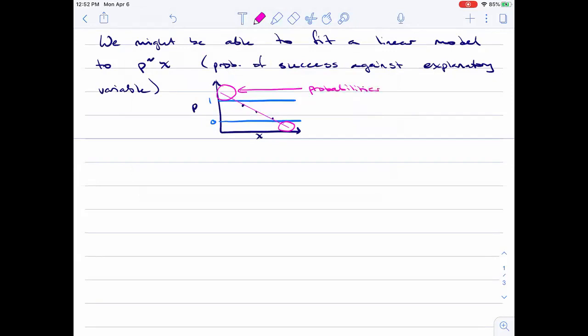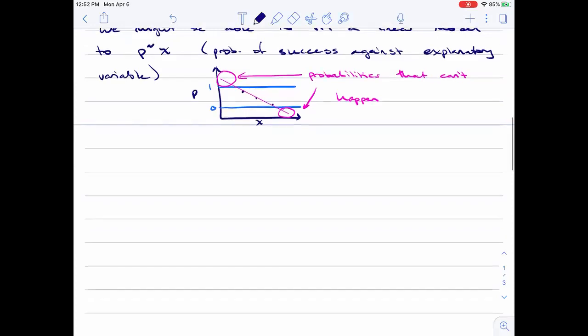Probabilities that can't happen, right? Because we need to remember that P is a probability, and so it has to be between 0 and 1.